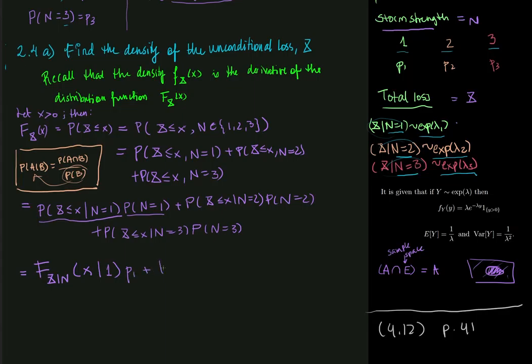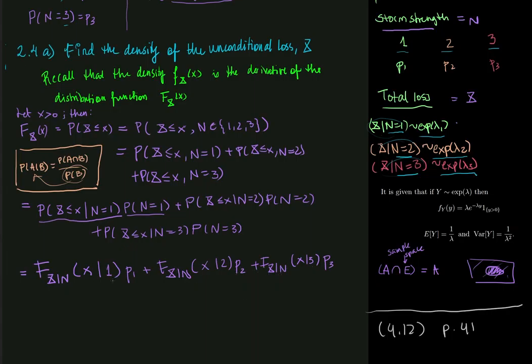I can continue that with my new notation here. The conditional distribution function of x given n equal to 2 evaluated in little x multiplied by p2, plus the conditional distribution function of x given n equals 3 evaluated in x multiplied by the probability of the storm being of strength 3.